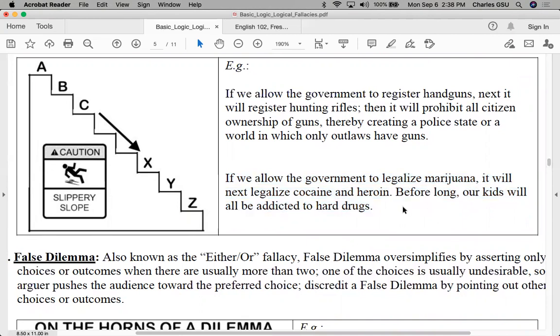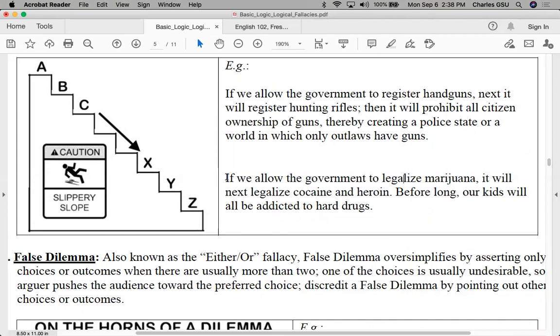Not true. You could back up a little bit, even change it from, say, marijuana. You could say, if you allow kids to smoke cigarettes as teenagers, then they will become potheads. No, not will.